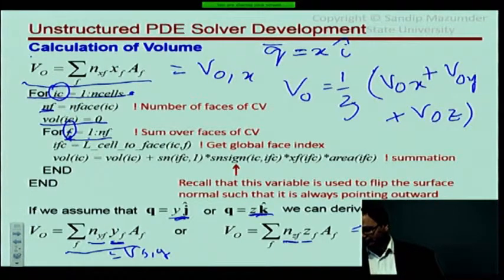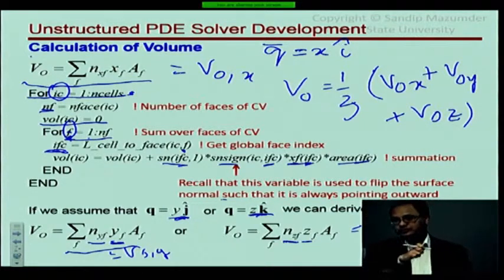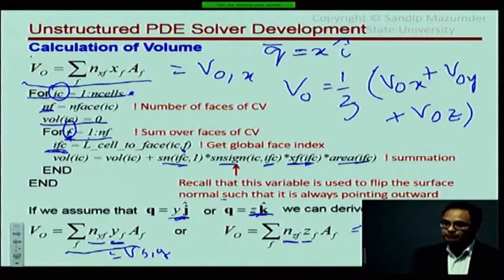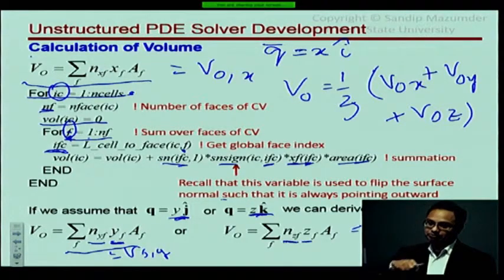So what it's doing is taking the local face index, and from the local face index, it's getting the global face index. Once it has the global face index, we have already calculated and stored these guys, face coordinates, areas, surface normals, and so on. We're just using them. This guy here, as my note says, makes sure that the surface normal is always pointing outwards from that control volume. Remember we applied the divergence theorem to derive this formula.